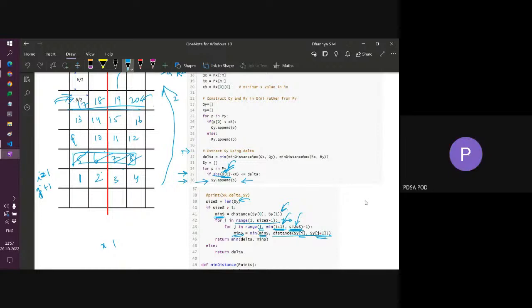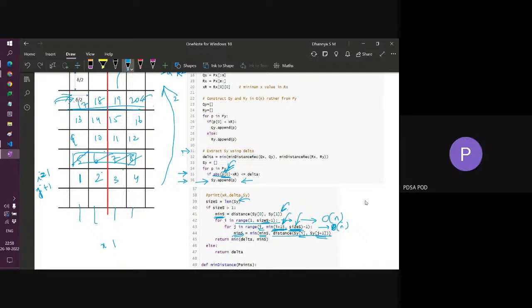Suppose we did not limit it to 15, and we limited it to the size of SY, and all the points were within this window, then this loop would also be n square. But that will not be the case, that we will have all the points in this window. But what will you upper bound the size of SY as? The size of SY will anyhow be less than n.